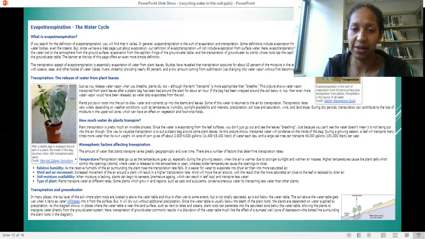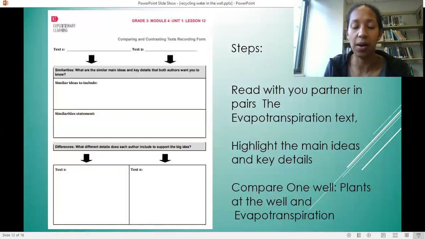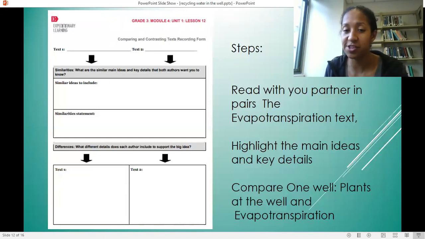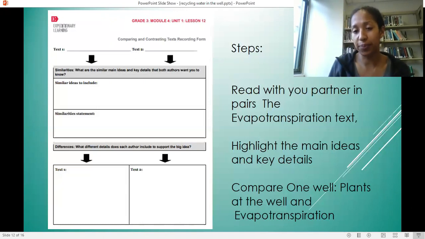I will give the students some steps, such as: read the evapotranspiration text with your partner first, highlight the main ideas and key details, and compare both texts, Plants at the Well and Evapotranspiration, so the students keep track of it.